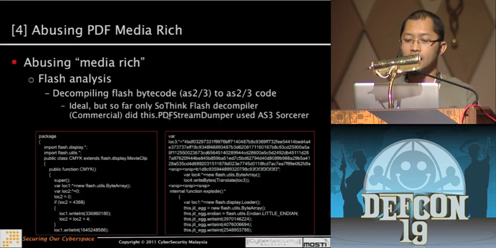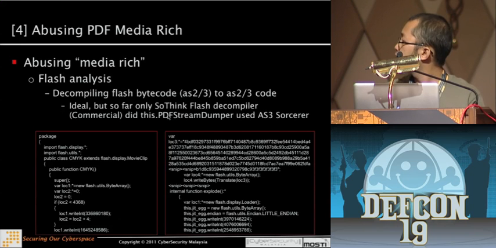So for the Flash analysis, it's very ideal for us to decompile Flash bytecode, which normally goes to AS3 or AS2 code. Ideally, but so far I saw only two software products that do proper decompiling on this one, and they are commercial, so you cannot somehow integrate this kind of tool within your parser.